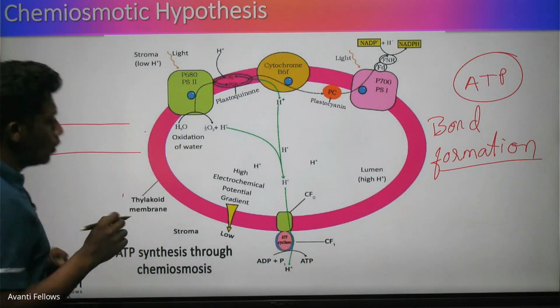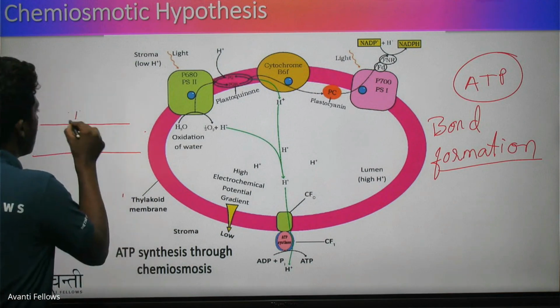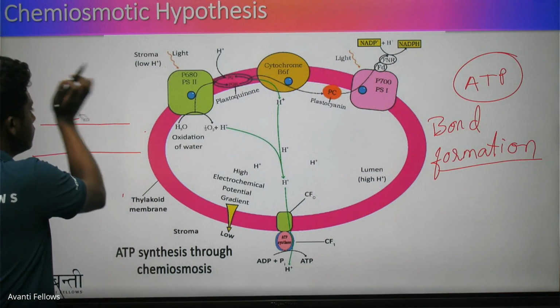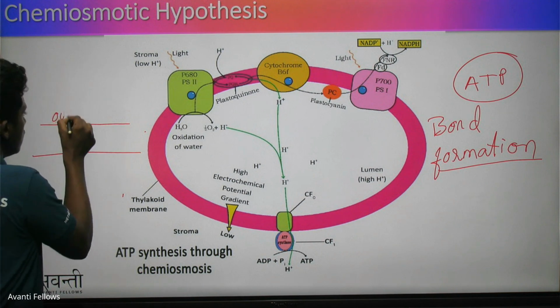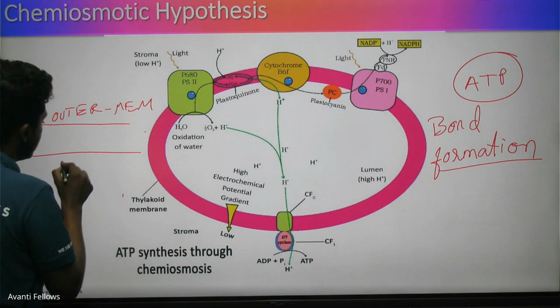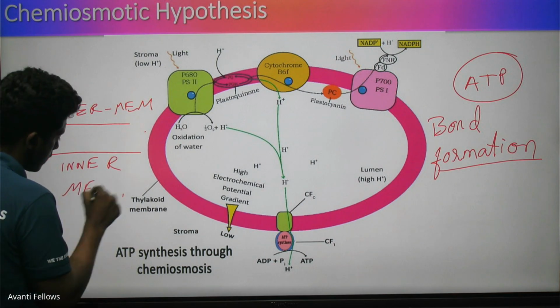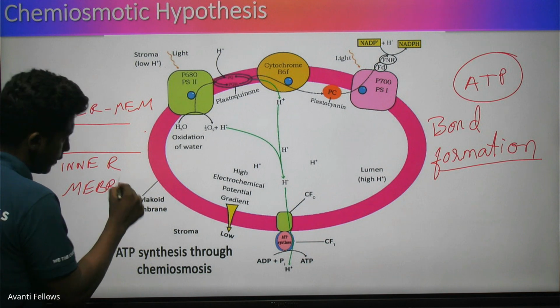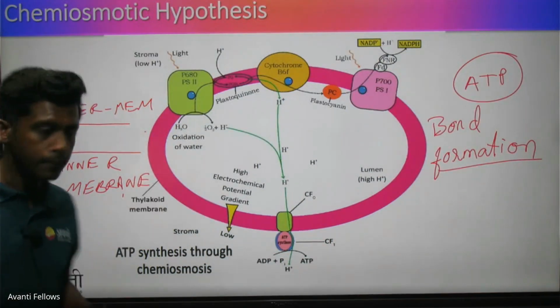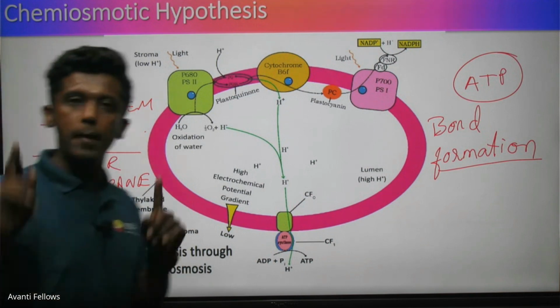The mitochondria has an outer membrane, I'll write it here, and then it has an inner membrane. We're talking about mitochondria, people. So we have an outer membrane and an inner membrane in the mitochondria.